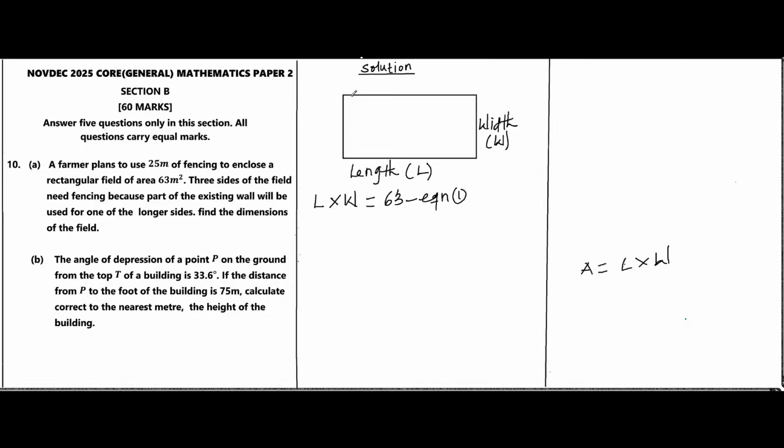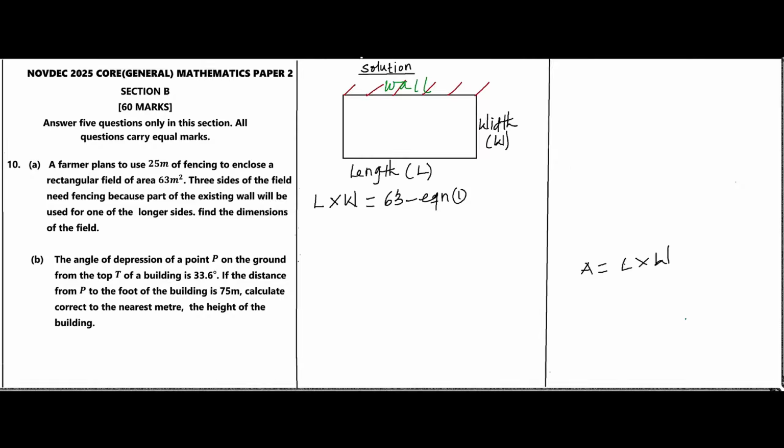So let's represent this longer side as the existing wall. So that is the wall. With this, we have only three sides of the field remaining. And we know that the total distance around the rectangular field is the perimeter.